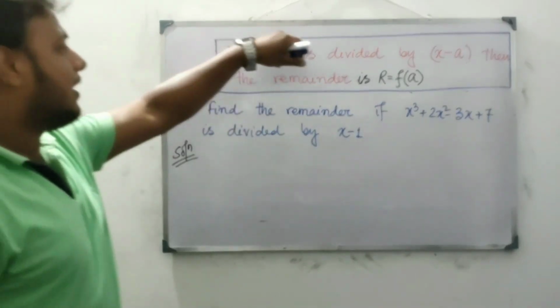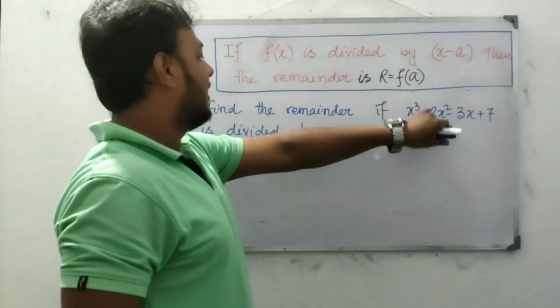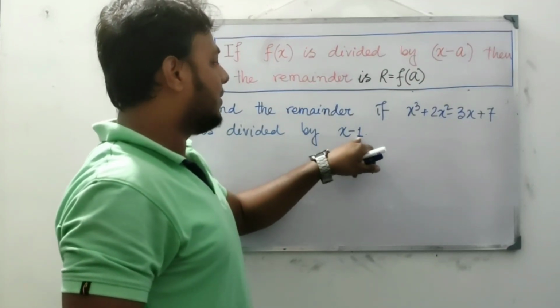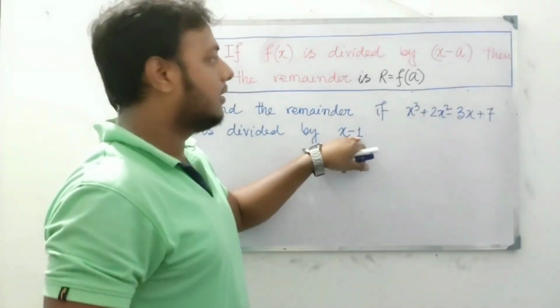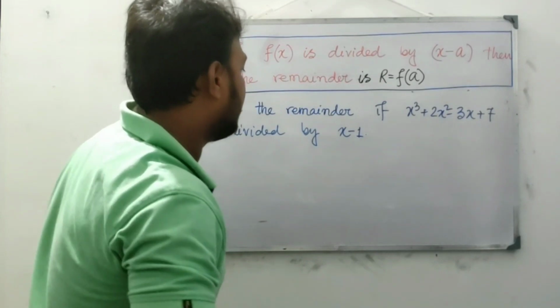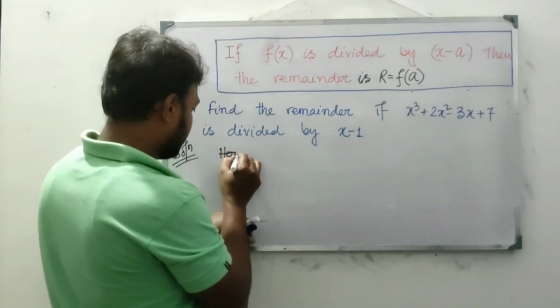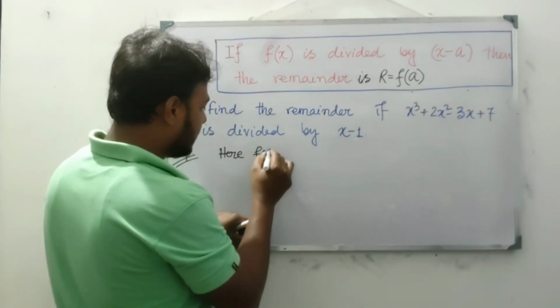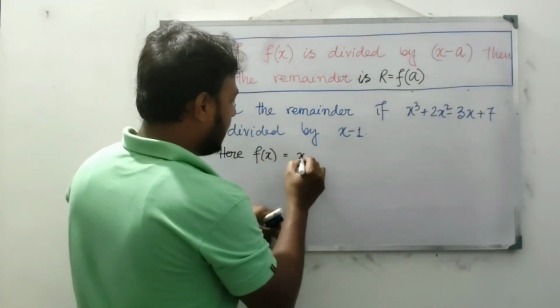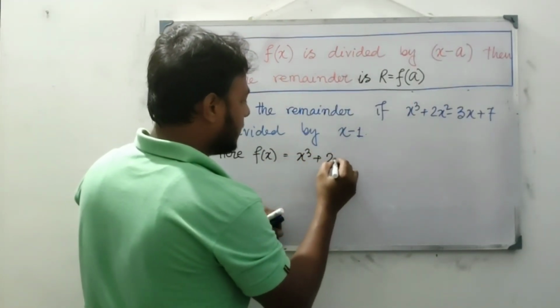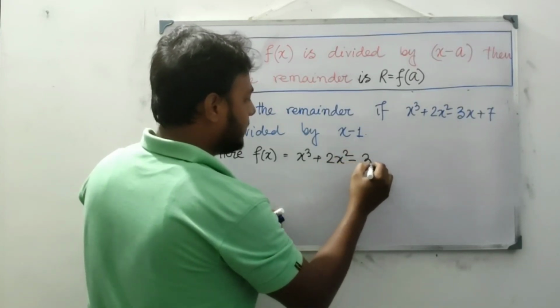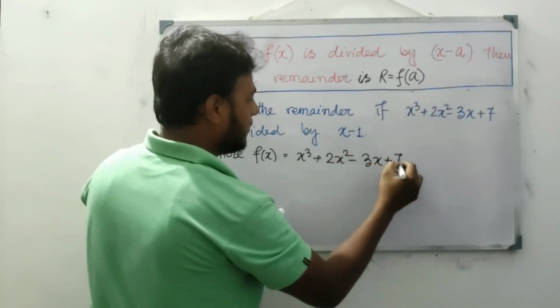Here this is our f(x) divided by x minus a, where a is 1. Then the remainder is f of a. So directly you can use that here. f(x) equals x cube plus 2x square minus 3x plus 7.